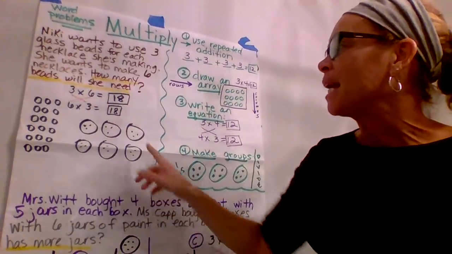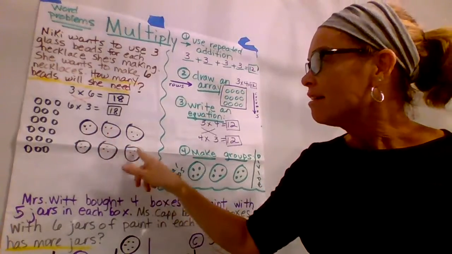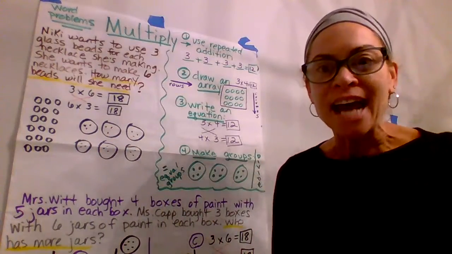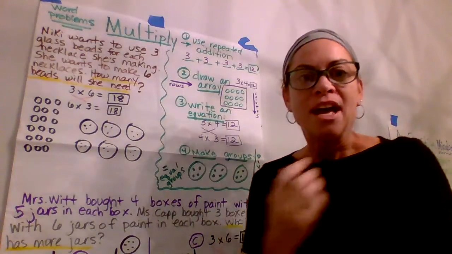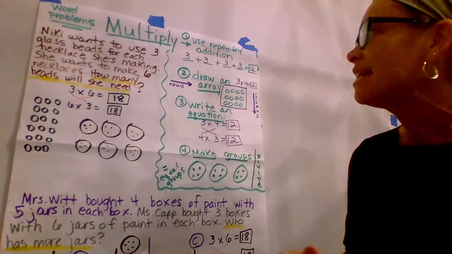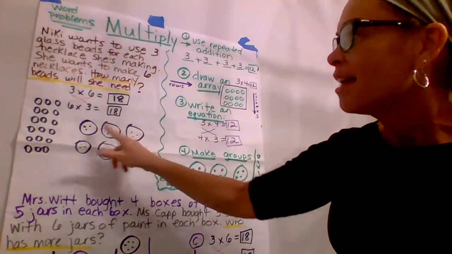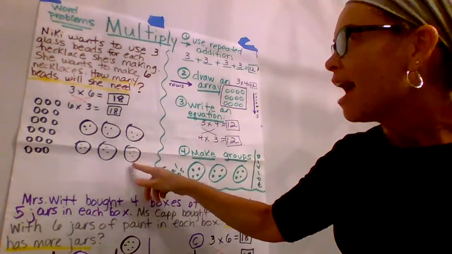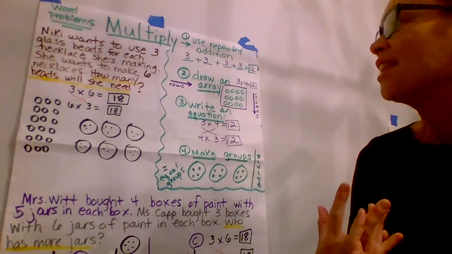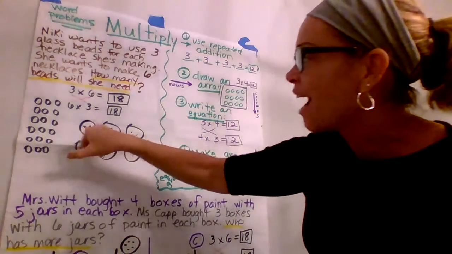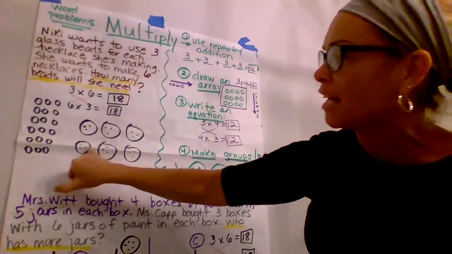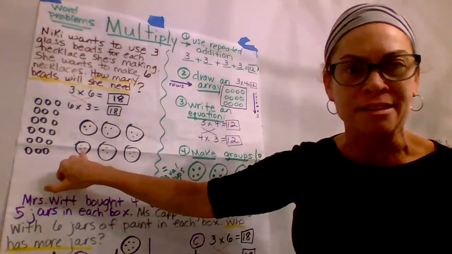Here, we were dividing beads among 6 necklaces. So we drew the 6 groups, and then we took the 18 beads and divided them equally. So each friend got 3 beads on their necklace.